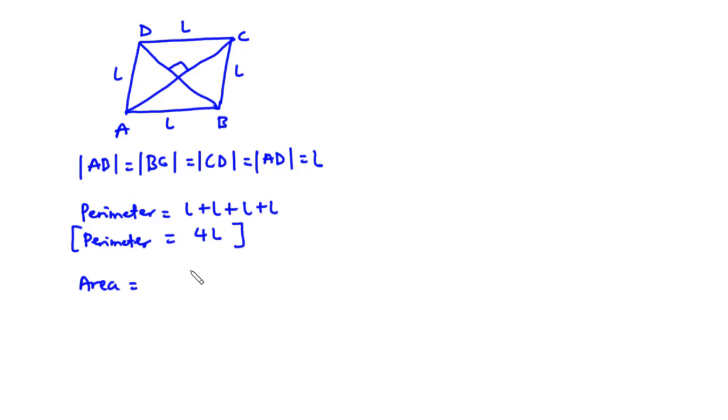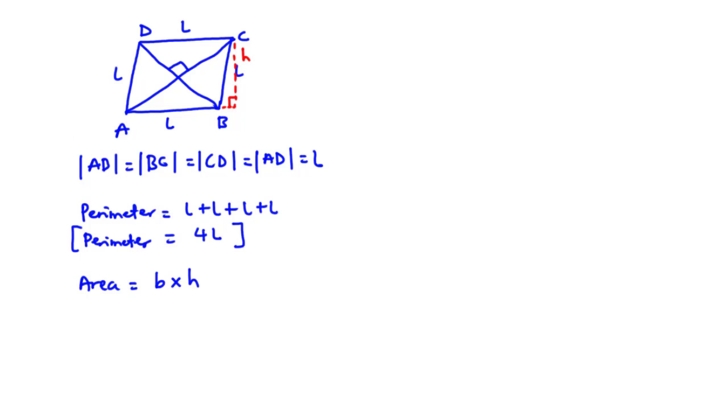Now the area of a rhombus is given by the length of the base times the perpendicular height. Since a rhombus is a parallelogram, we are going to have what we call the perpendicular height, the height which is perpendicular to the line AB. So this is the perpendicular height.